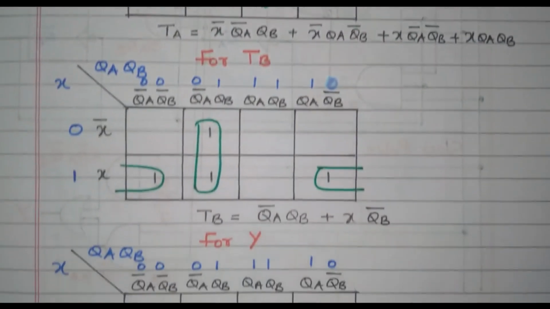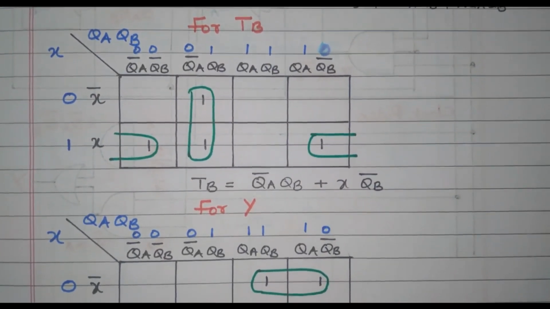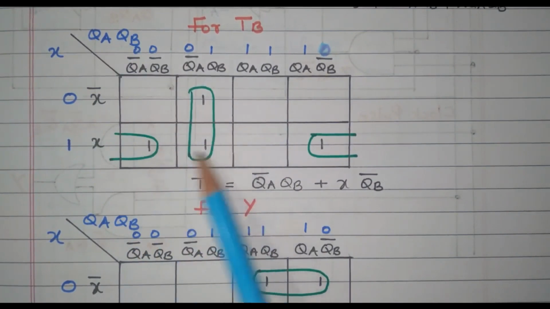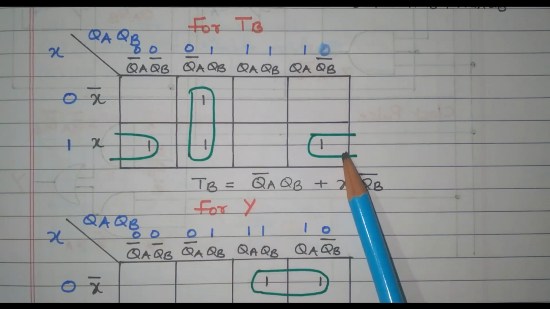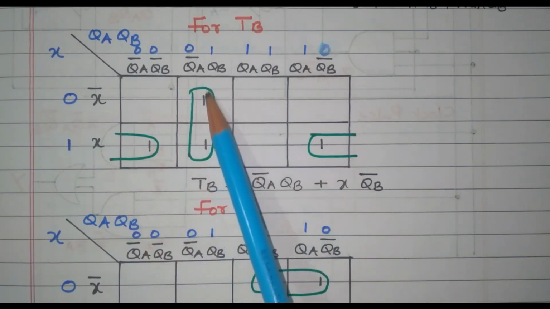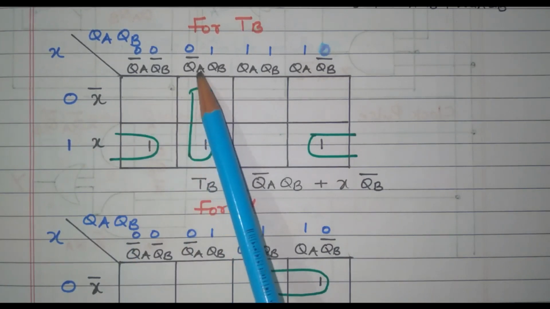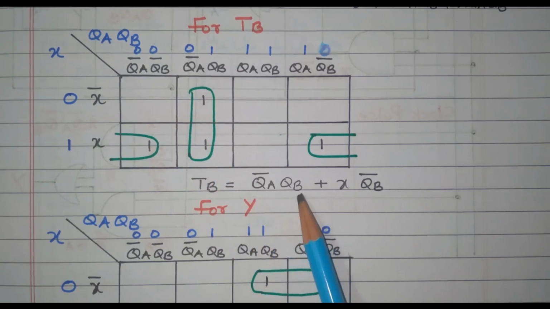Now, we will go to TB. For TB, the input is x, QA, QB, right. So, there are 4 ones available. These two are grouped together and these two are grouped together, right and left corner. While grouping these two, x bar and x got cancelled. Only the second column QA bar QB remains.